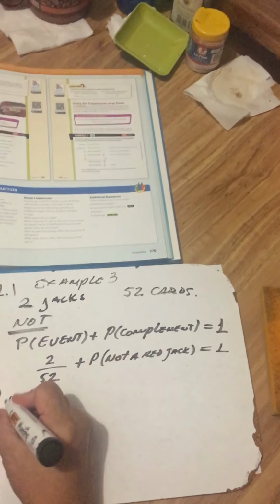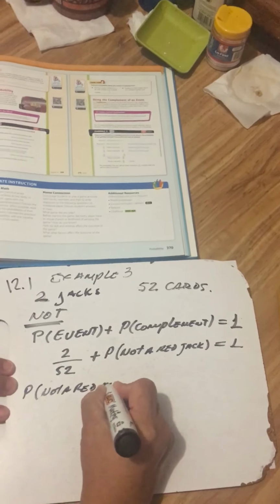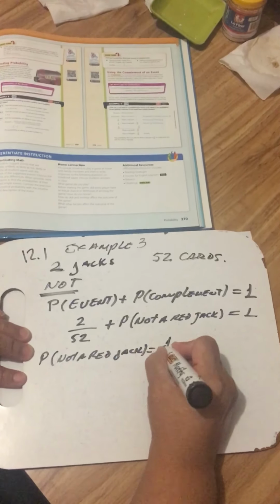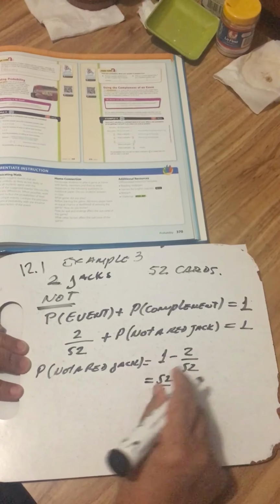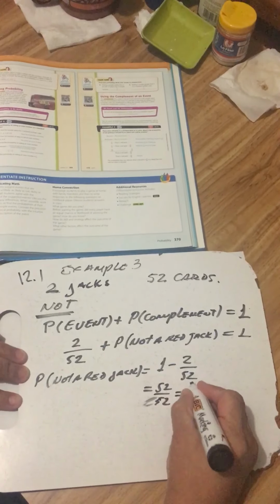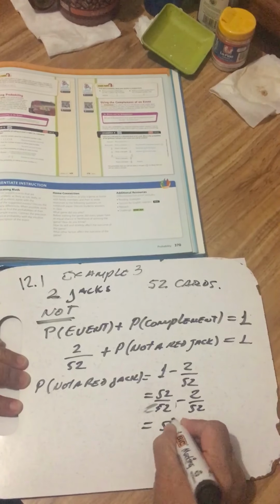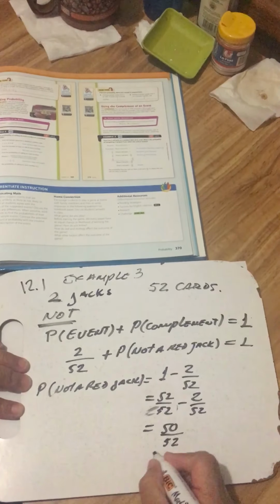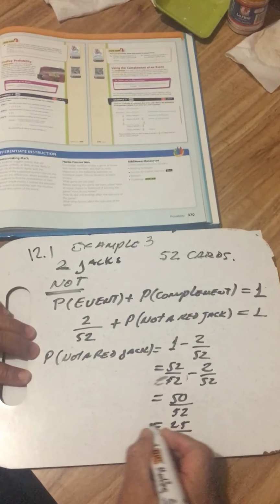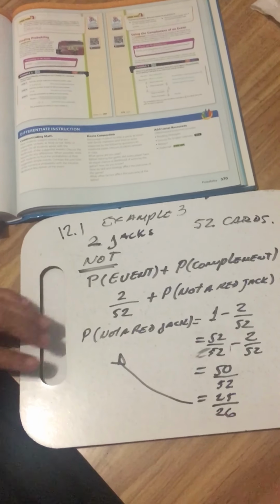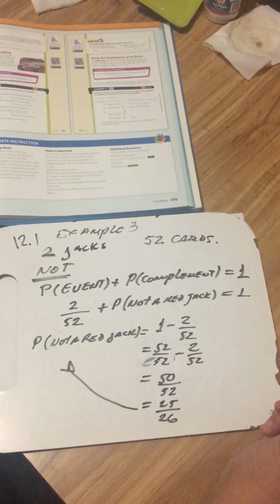To solve this equation, the probability of not a red jack is equal to 1 minus 2/52, which is 50/52. Then we simplify that and it's 25/26, and this is the probability of not a red jack, the probability of the complement.